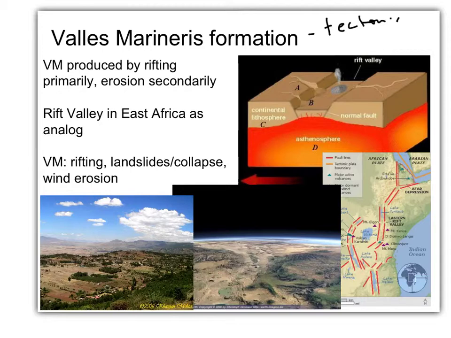And then on top of that, there has been the wind erosion and perhaps water erosion early in history that has sculpted the Valles Marineris system following that rifting process.